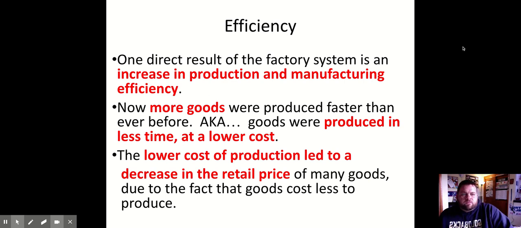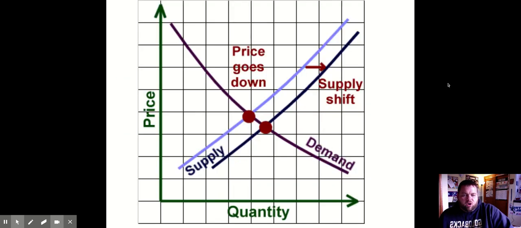All right, efficiency. Efficiency is something that we just discussed: the idea that if we're going to make things very quickly, they're going to cost less, essentially. So this has a significant impact on the supply and demand curve. Now, this is something that you will deal with a lot more in your senior year. But what this shows is the supply and demand curve with regard to price and quantity.